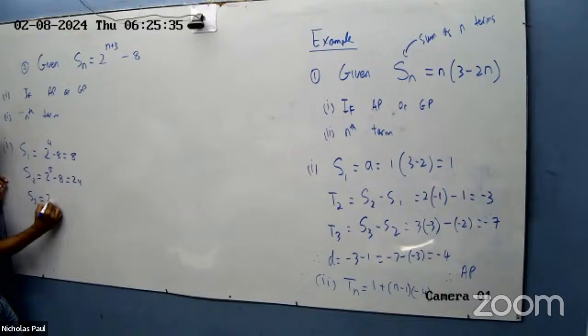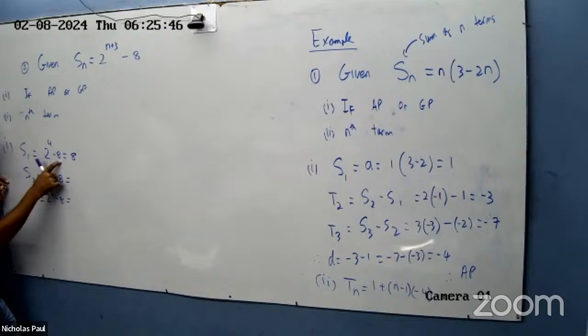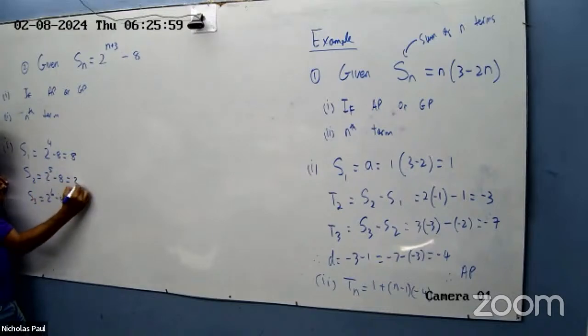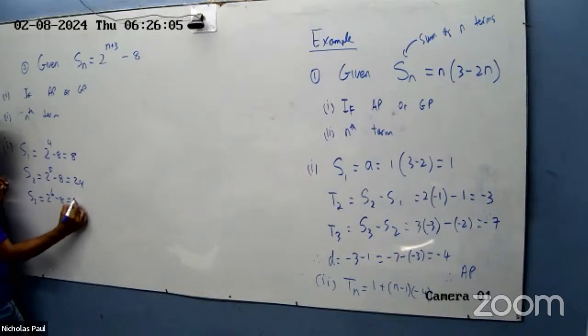S3 is, no, not T2 anymore, S. So 16 minus 8. What's 32 minus 8? So that's 24. That was correct. And this, 64 minus 8, so that's 56.